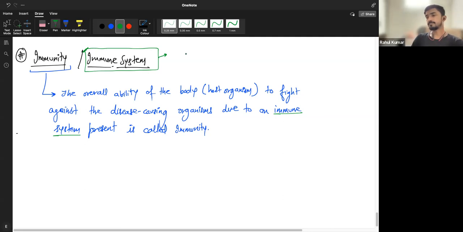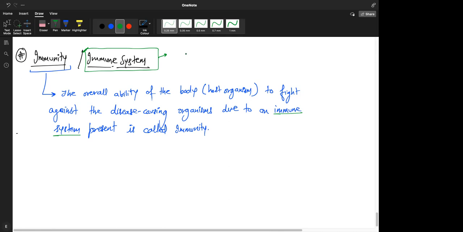Yes, very well said. So this is a system, which means it includes many things together. Your skin is also a part of the immune system, right? You know why? Because it prevents other things from outside from coming inside our body.